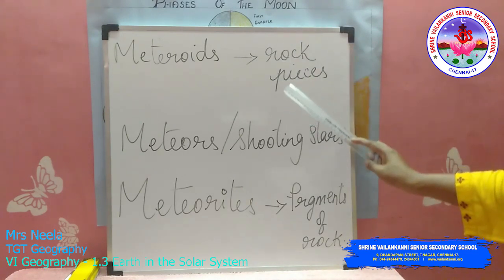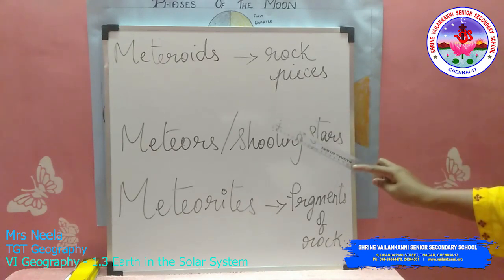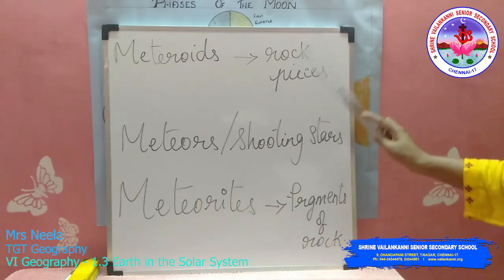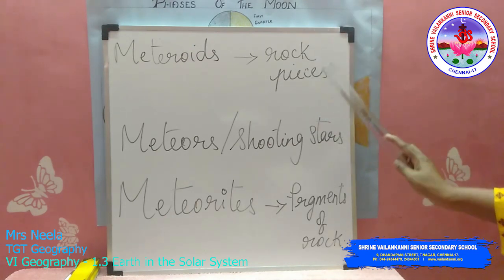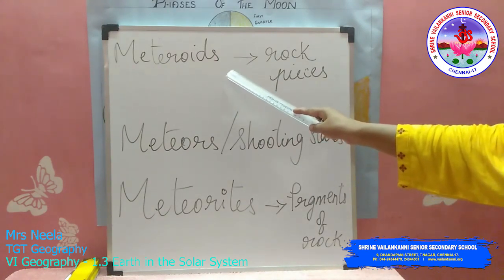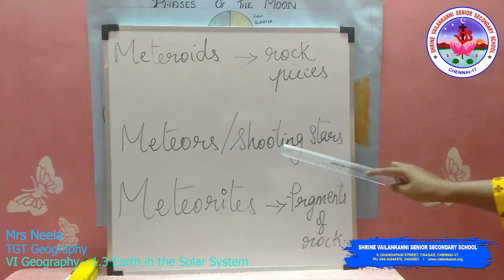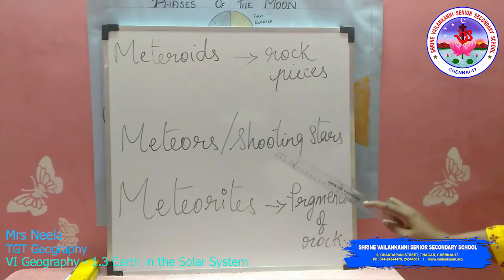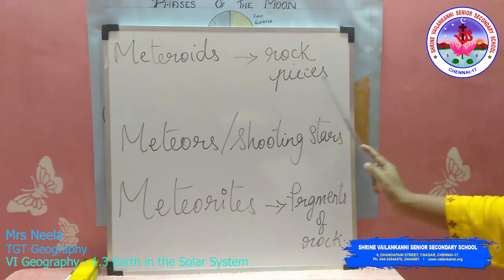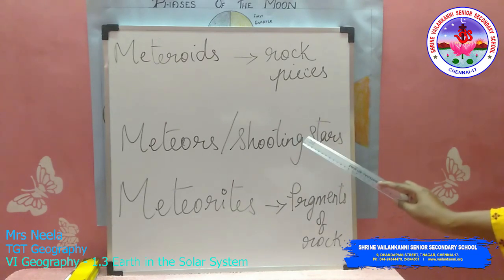Due to the Earth's gravity, they get pulled into the atmosphere and begin to glow due to friction. These burning meteoroids are called meteors or shooting stars, because as the burning meteoroids fall towards the Earth, they give the appearance of a shooting star.